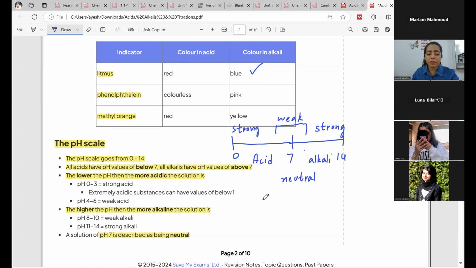That's a good point. Sulfuric acid has 0 pH? No, not 0 exactly. It's close to 1 pH for sulfuric acid. Hydrochloric acid is also a strong acid. It also has a pH close to 1. Okay.